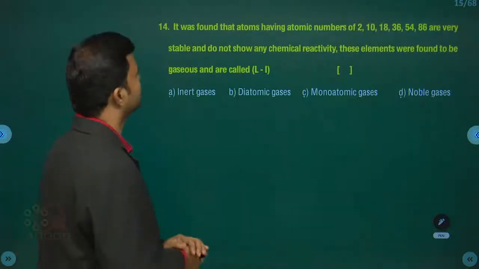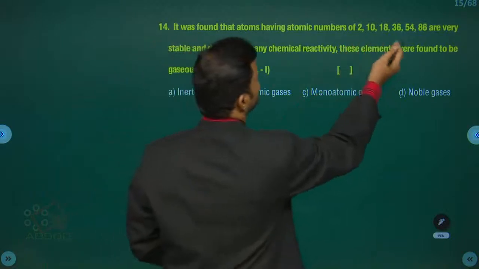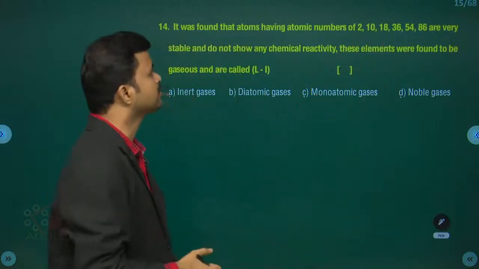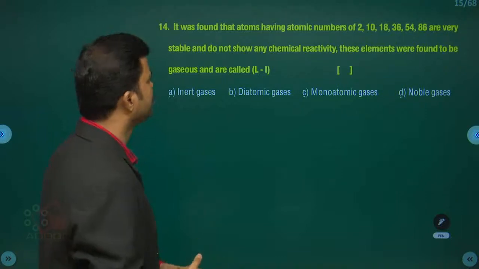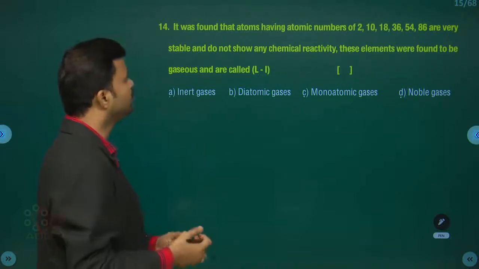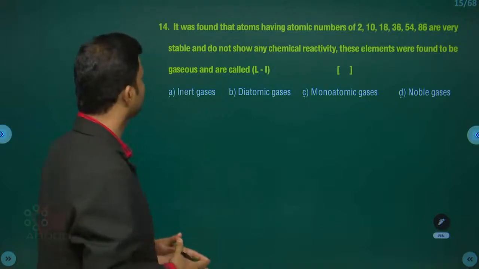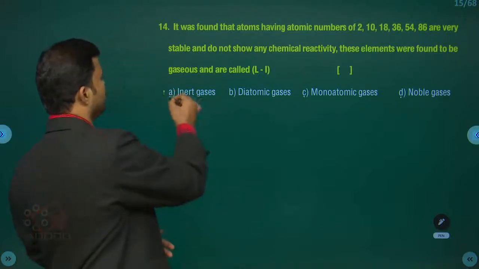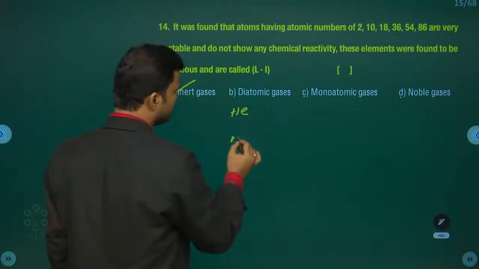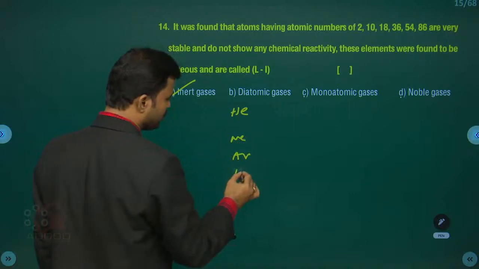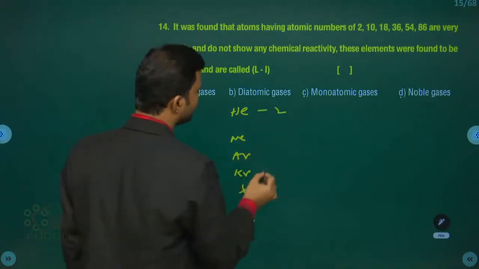It was found that atoms having atomic number 2, 10, 18, 36, 54 and 86 are very stable and do not show any chemical reactivity. These elements were found to be gaseous and are called inert gases, zero group elements: helium, neon, argon, krypton, xenon and radon. Helium has atomic number 2.